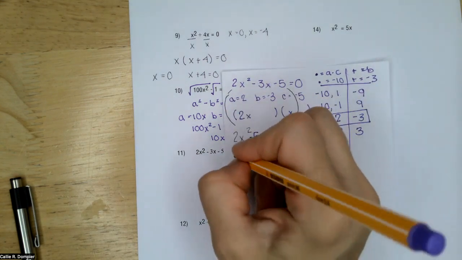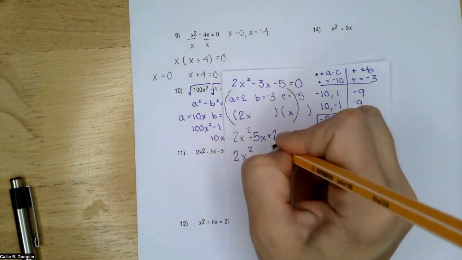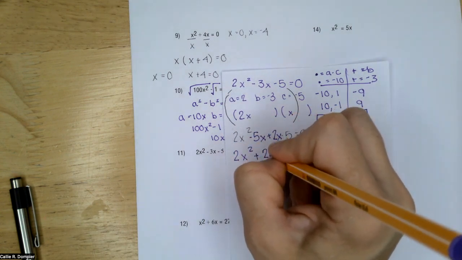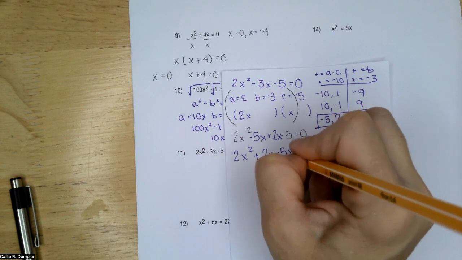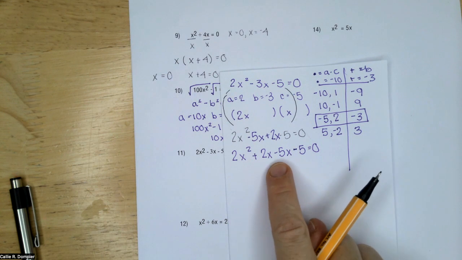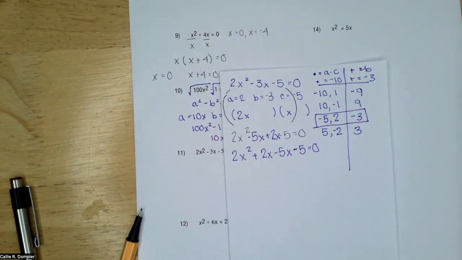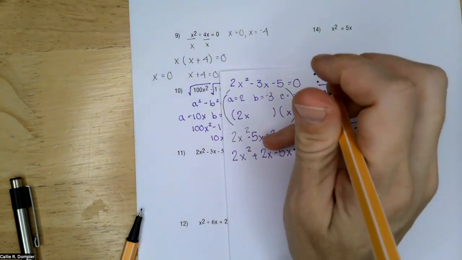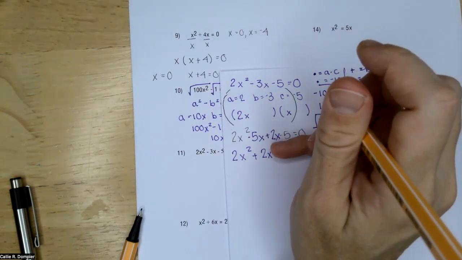Or it looks easier if I say 2x squared plus 2x minus 5x minus 5, right? Because then the 2's are next to each other and the negative 5's are next to each other, and we're doing factoring by grouping. It will still work if you do that version, but we can do this version.